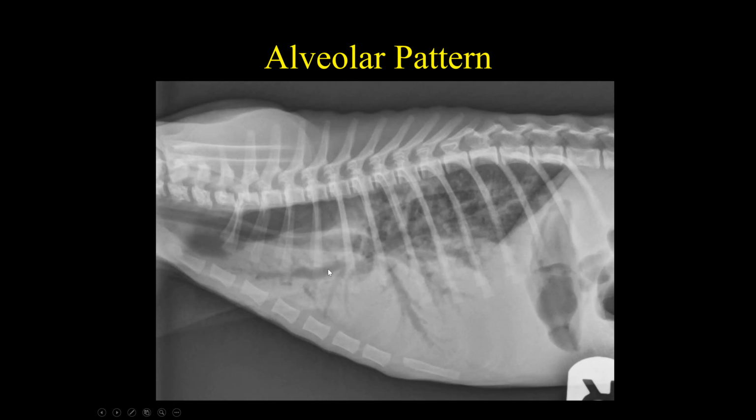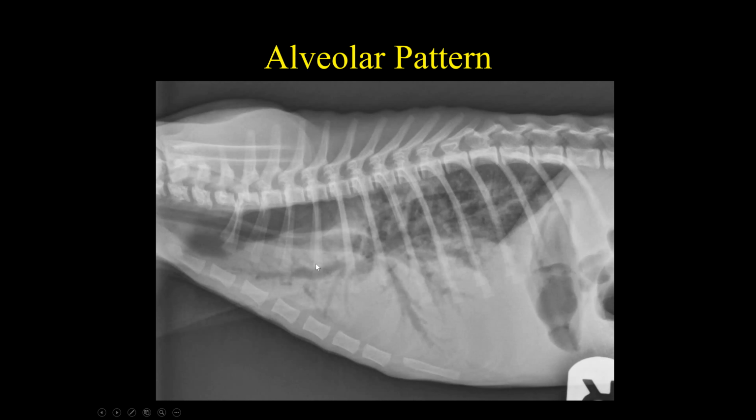But the key to an air bronchogram is the anatomy hasn't changed. We have an air-filled bronchus. Above it, we have the artery, and I can see the inside margin of where that artery sits right next to the air-filled bronchus. So I have a fluid air interface, and that allows me to see that border or that margin. But contrary to what we saw with normal anatomy, the dorsal aspect, the outside margin of that artery, we can't see.